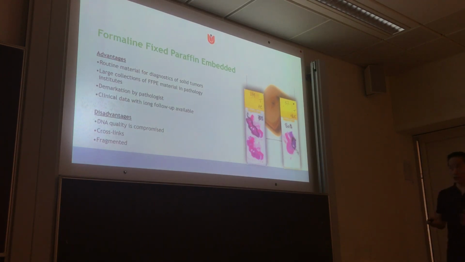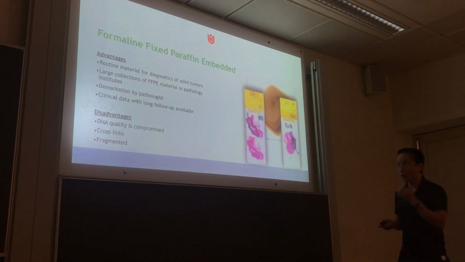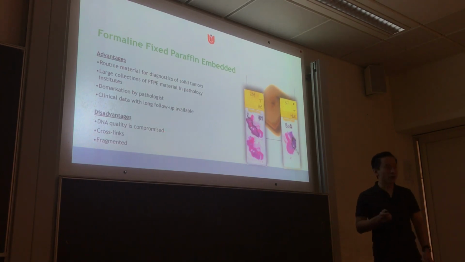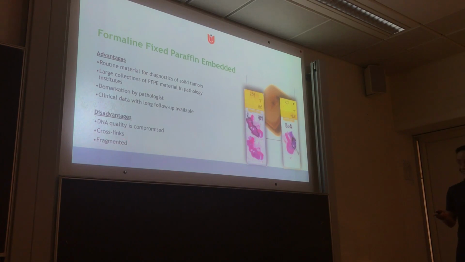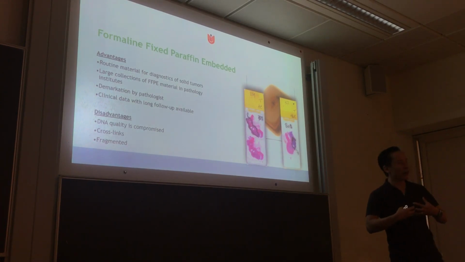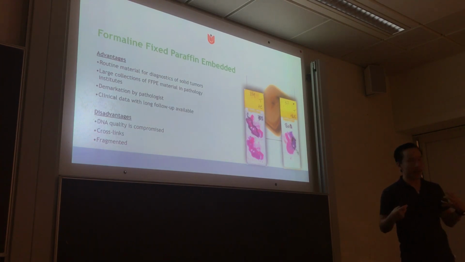But of course, there's also some disadvantages. So if you put tissue in formalin fixation, a number of things happen. The DNA quality is very, very compromised at that point. It causes it to have cross-links, so it really is glued together, and it's very hard to take that apart again.